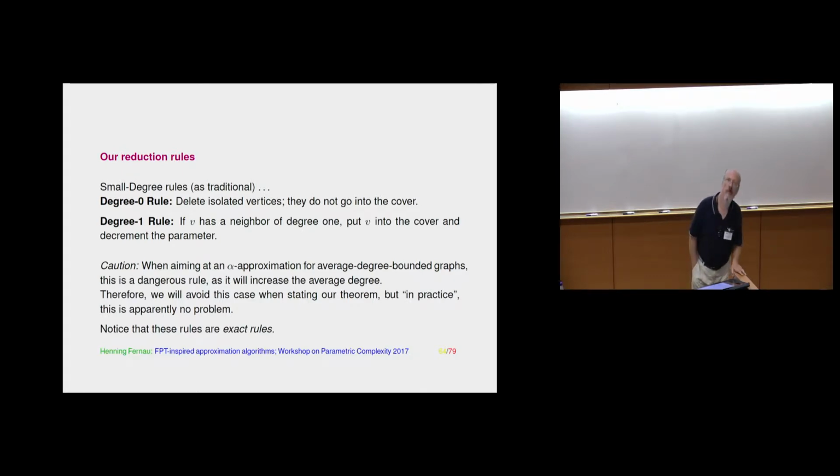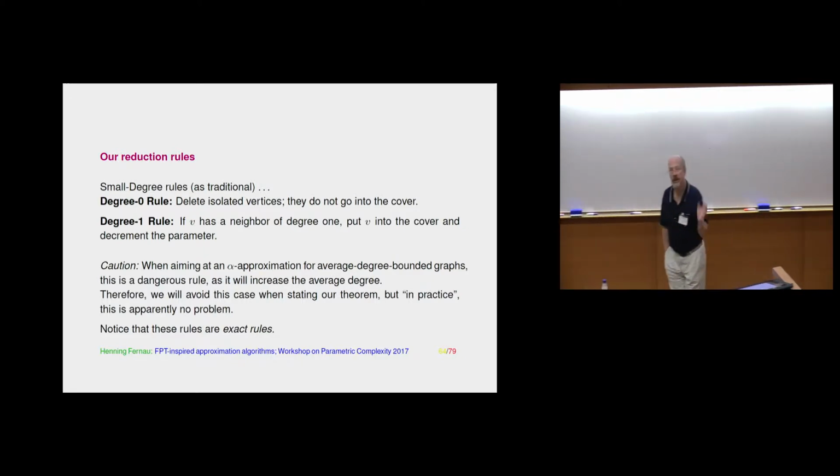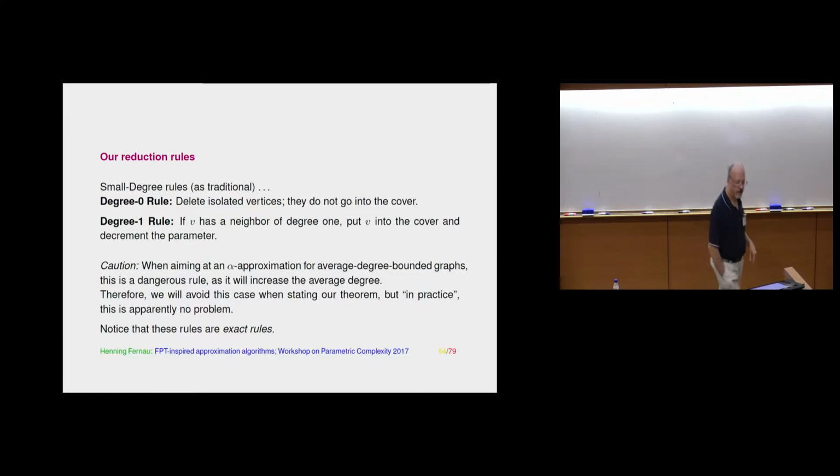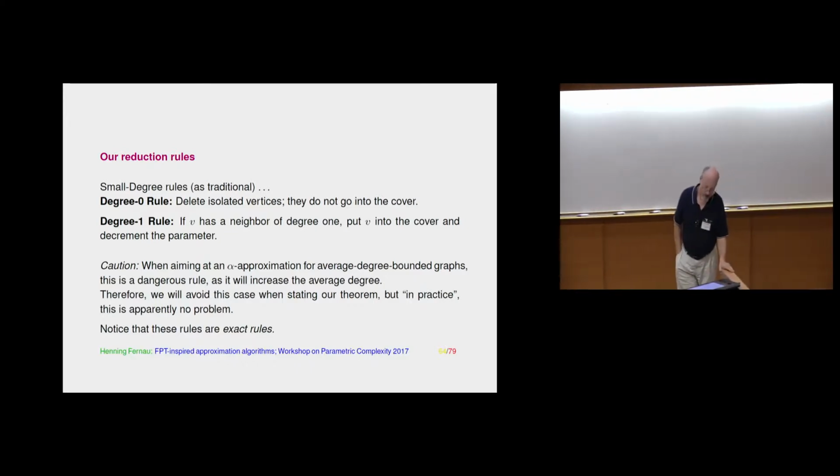Well, because generally speaking, we will increase the average degree in that case. And I will really play with the fact that I have bounded average degree in order to prove the correctness of the algorithm that I will show finally. So that's crucial, that this is not violated. And this rule will violate this condition in at least usual circumstances.